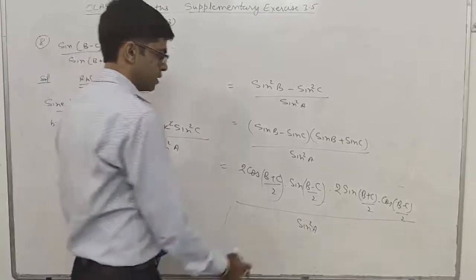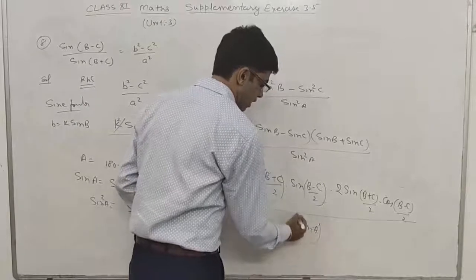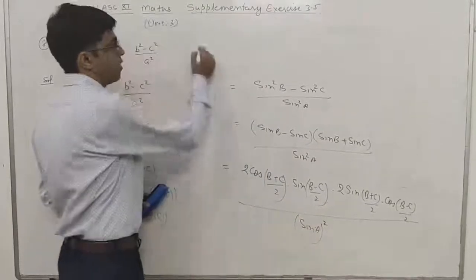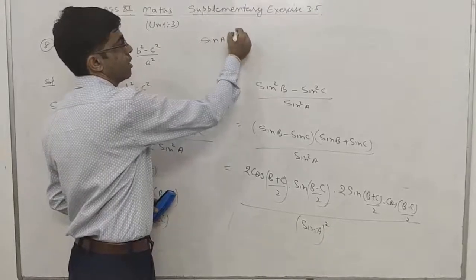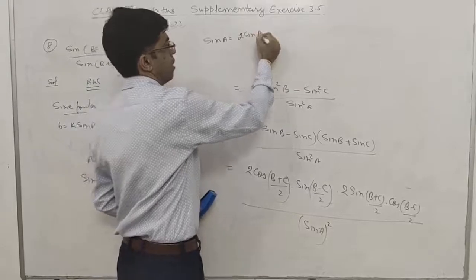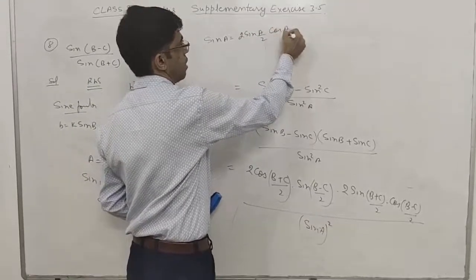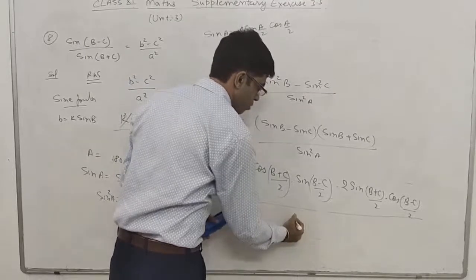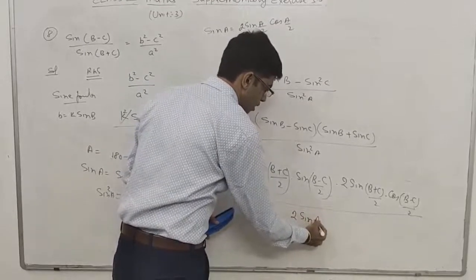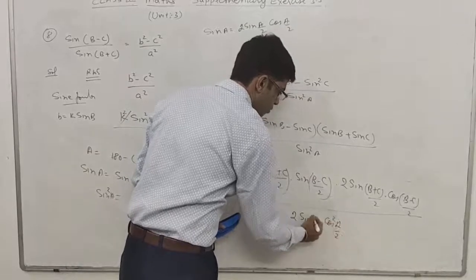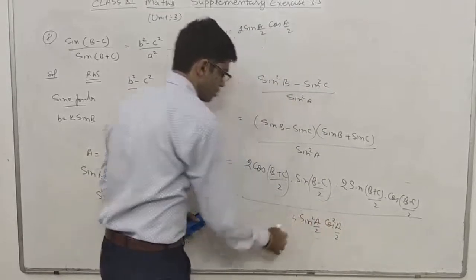We can write this as sine a whole square. The half angle formula of sine A is 2 sine A by 2 cos A by 2, and the square of 2 is 4.